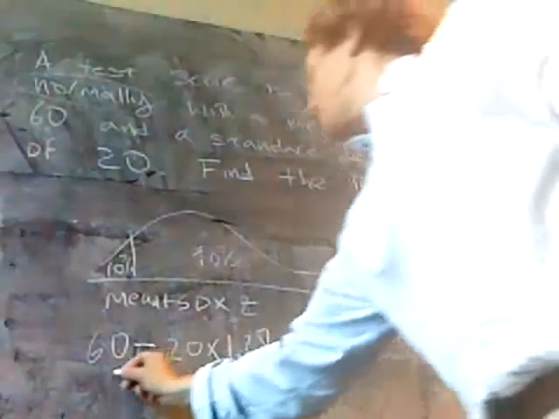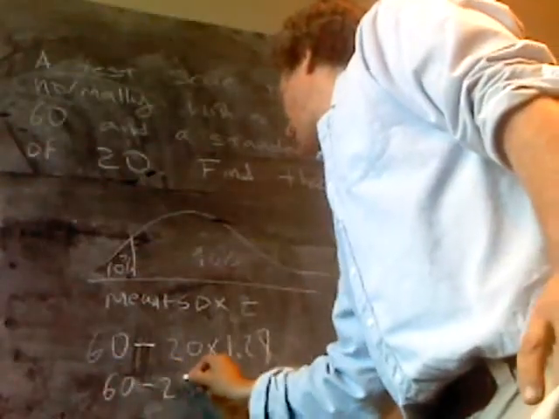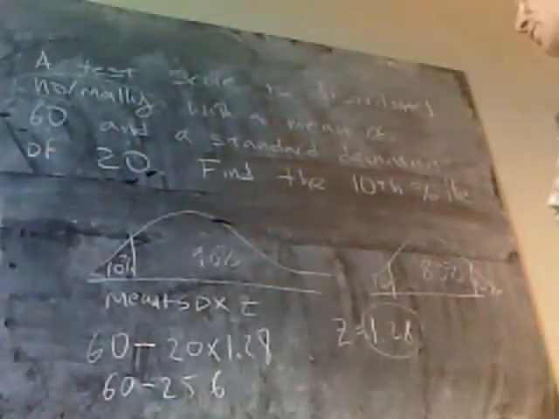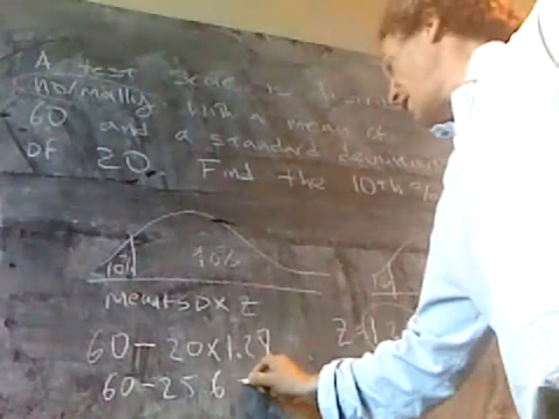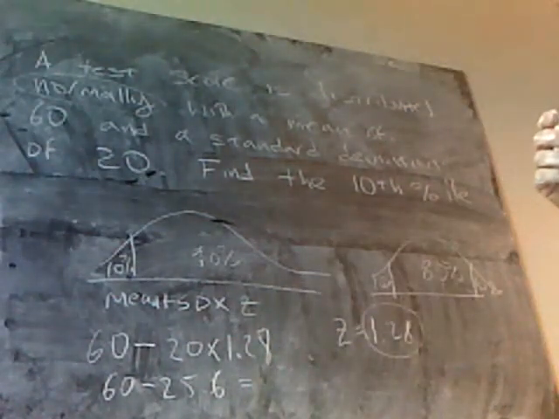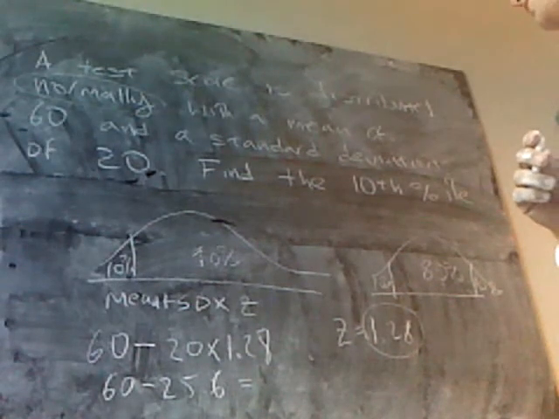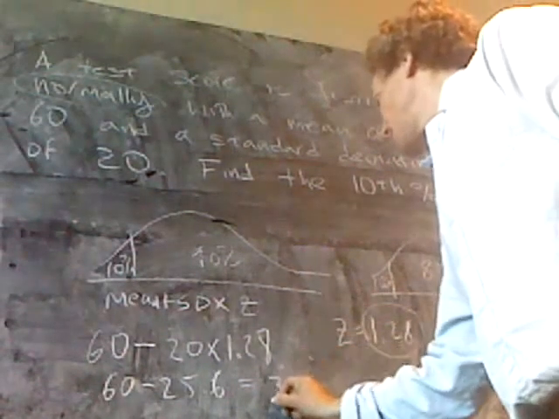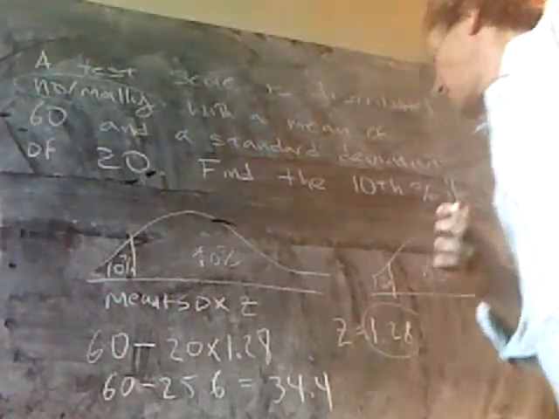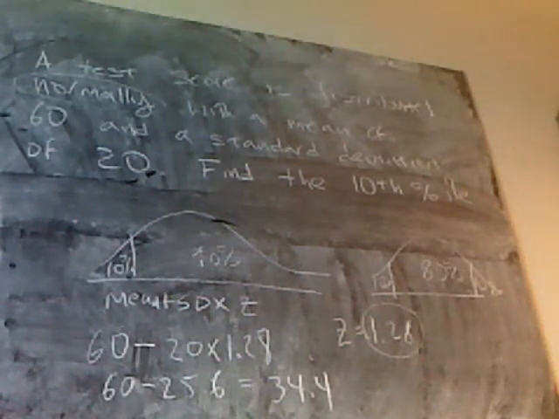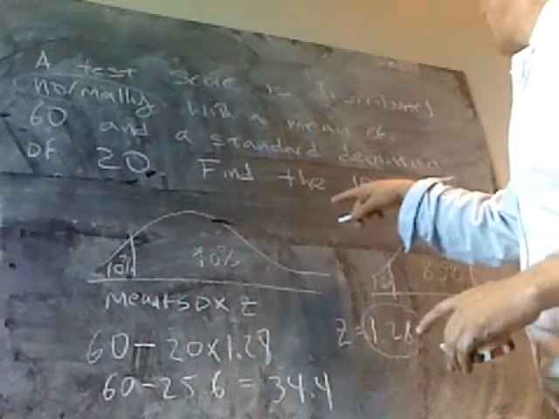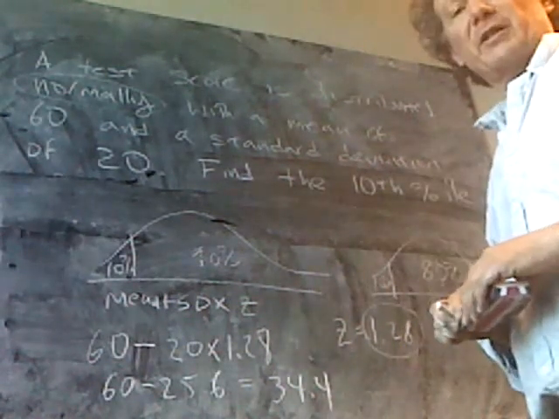So I'm going to take 60 minus 25.6, which is that product there. 60 minus 25 is 35, so 60 minus 25.6 is 34.4. So what does that mean? That means that 10% of the students scored below 34.4, and 90% of them scored above that. Okay, so that's our answer for what the 10th percentile is.